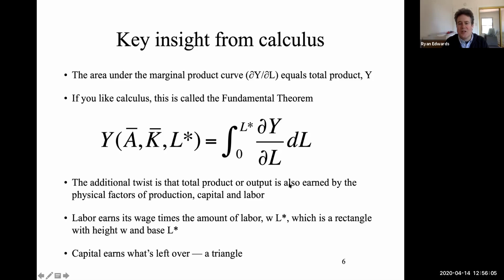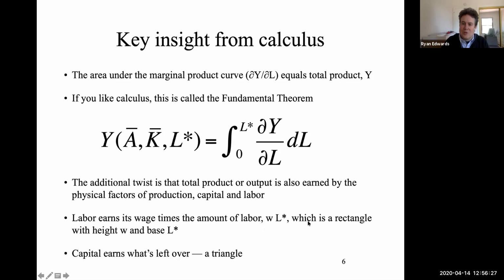The additional twist then is that total product is split across the factors of production. And here you don't have to assume that you've got Cobb-Douglas production, so you've got a constant share going to the factors, but you can also assume that if you want. It doesn't really matter what detail you go into with that.